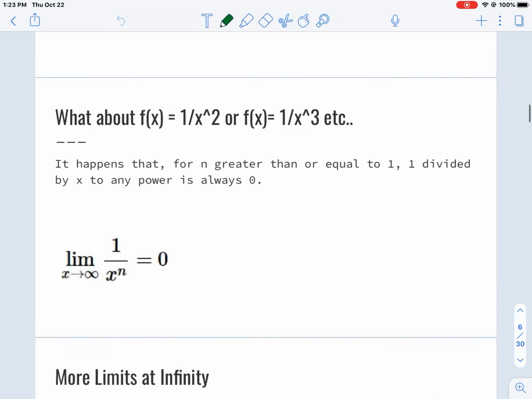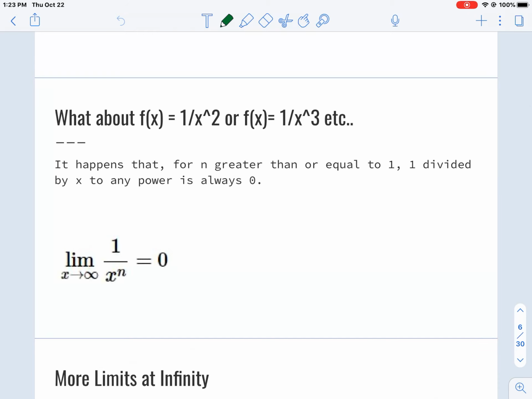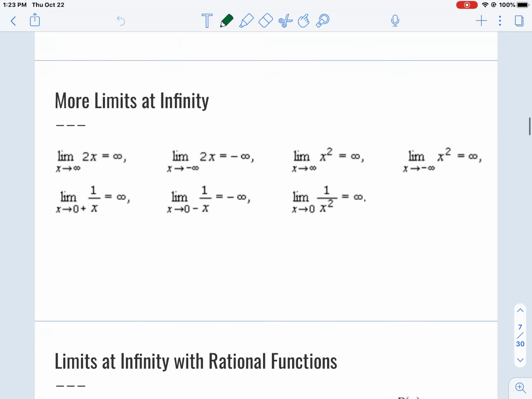And then we said for any limit where 1 divided by x to some power greater than or equal to 1, it's going to go to 0, because the bigger the exponent, the faster the big number gets even bigger.